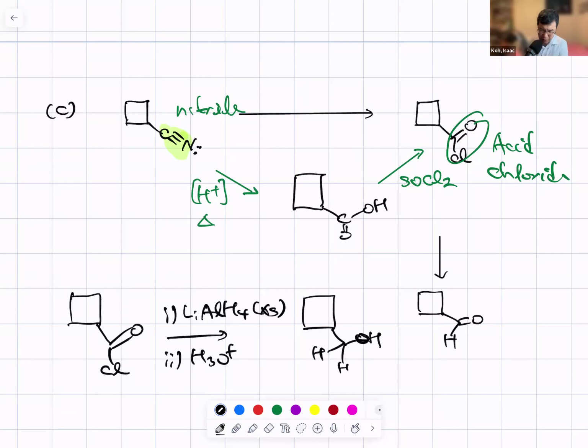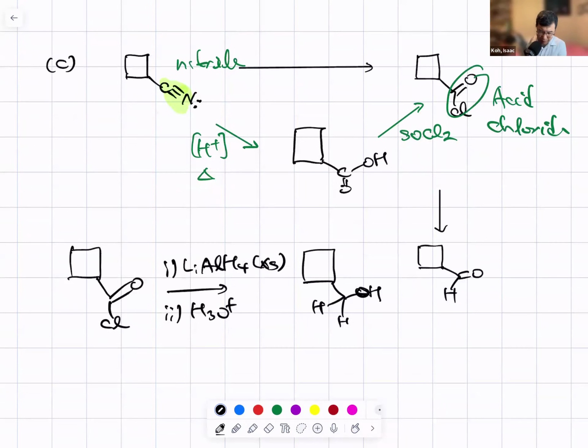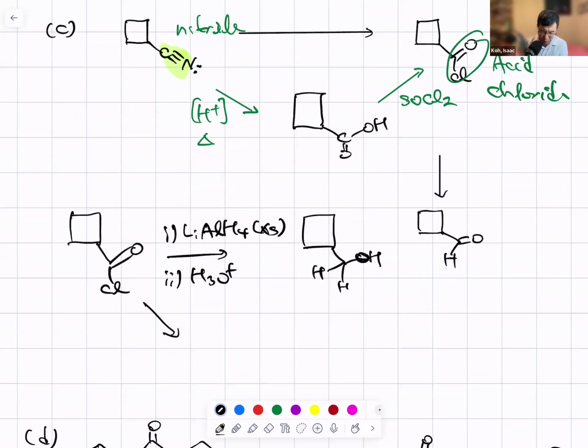It will be reacting twice. This one will go through the aldehyde first, but it will not stop, because lithium aluminum hydride is also reactive toward aldehyde. It will go all the way to the primary alcohol.